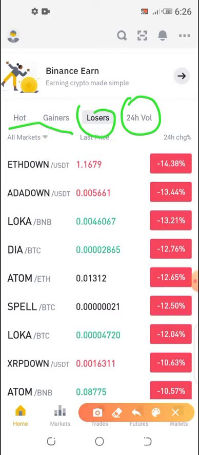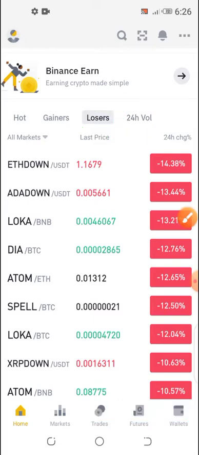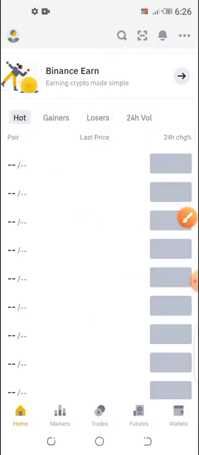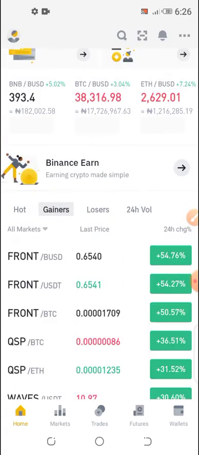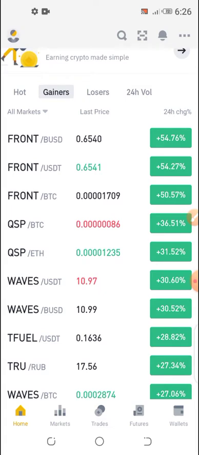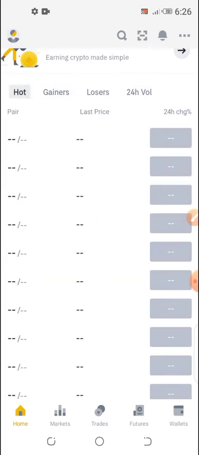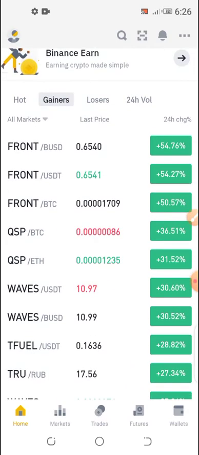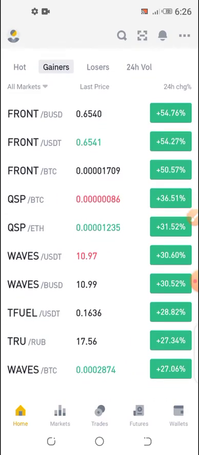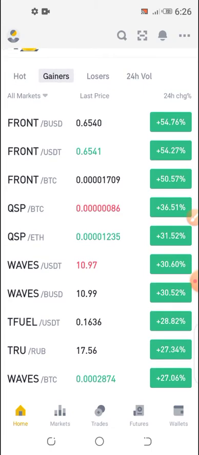HOT is a summary of the cryptocurrencies in Binance's own estimation, which are currently gaining momentum. So it's not showing because my data is off. While gainers will normally show the top 10 gainers in terms of percentage change.